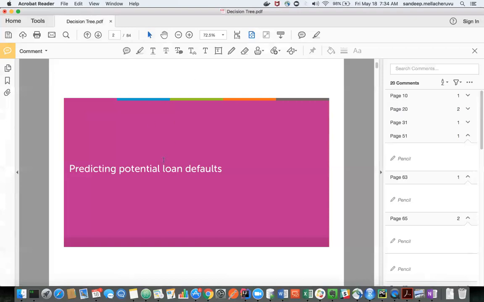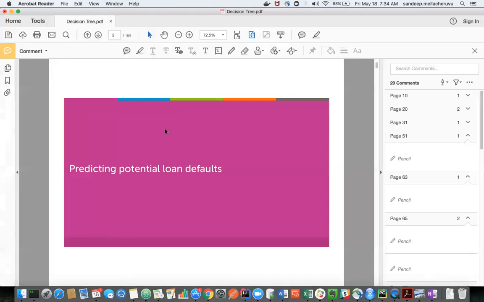That way I'll be able to help the bank to gain more traction in the loan recovery. So to understand that, we are going to take that example and understand how to create the decision tree.